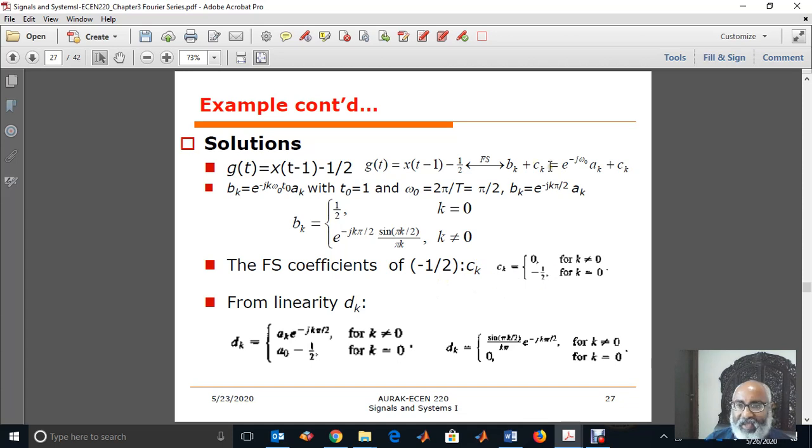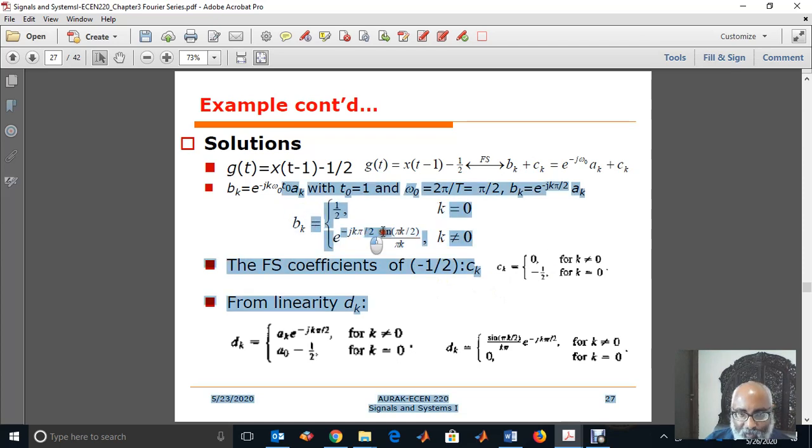Then you add b_k plus c_k. For k equal to 0, you add half plus minus half, which is 0. For k different from 0, c_k is 0, so 0 plus this part will be this part itself.